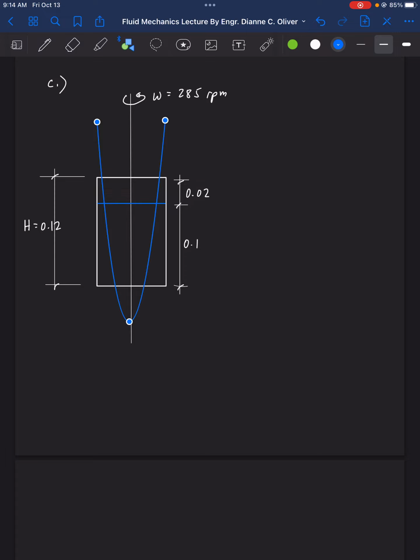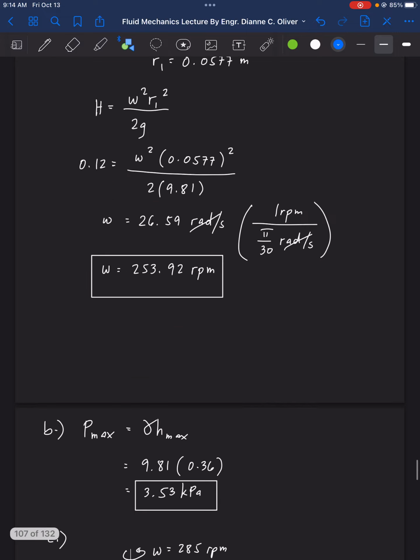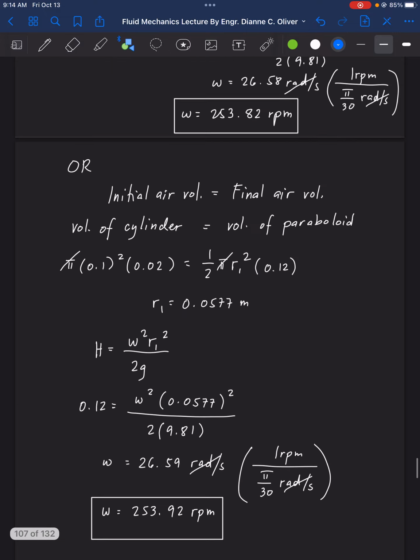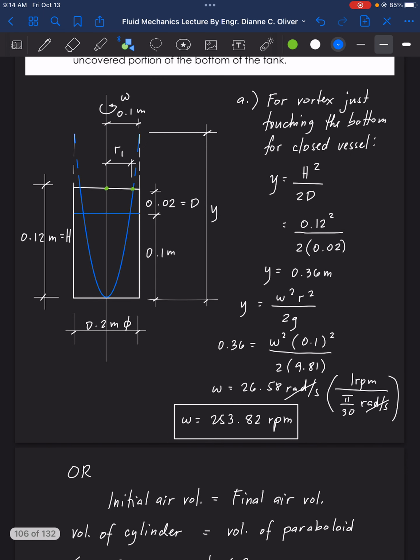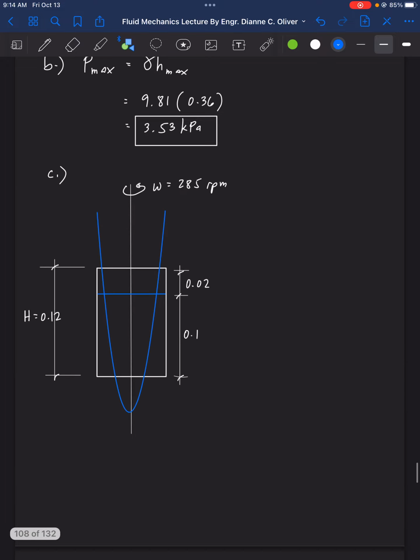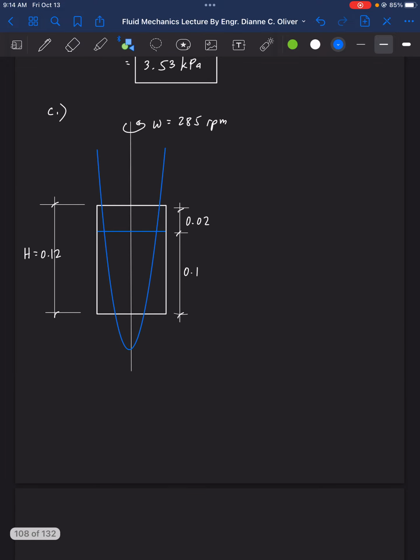So since at 253 RPM the water touches the bottom of the tank, therefore greater rotational speed will cause an uncovered portion at the bottom of the tank. That's why we will have this kind of drawing.